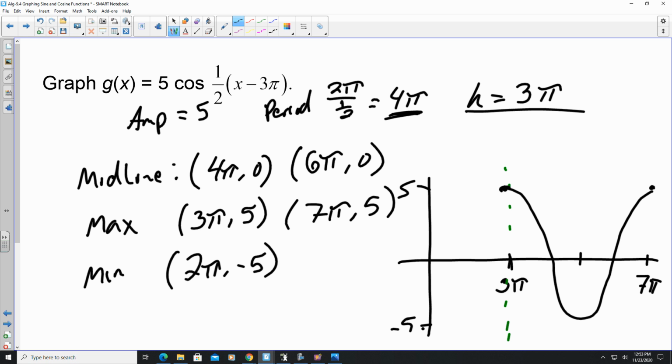Well, it's not going to be 2 pi. It's going to be 5 pi. Sorry. This is going to be 5 pi. So this is 4 pi. This will be 5 pi. This is 6 pi. Yep. And then this is 7 pi. My apologies. That should be 5 pi for my minimum value.